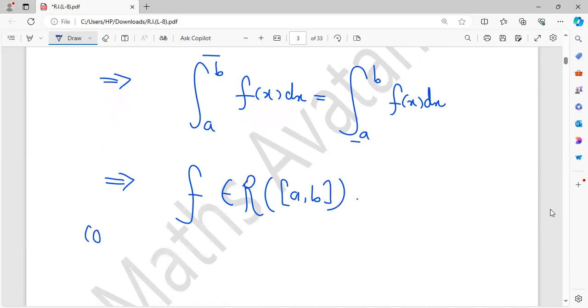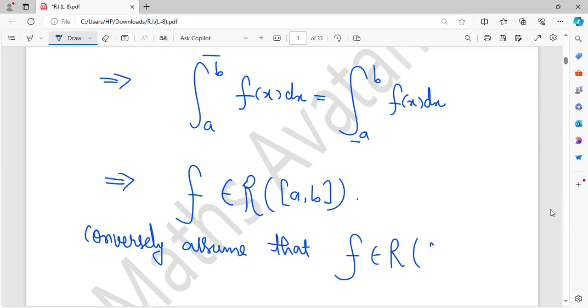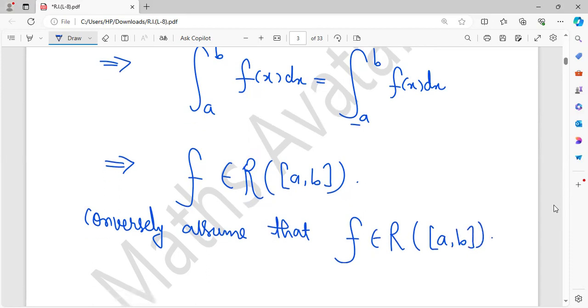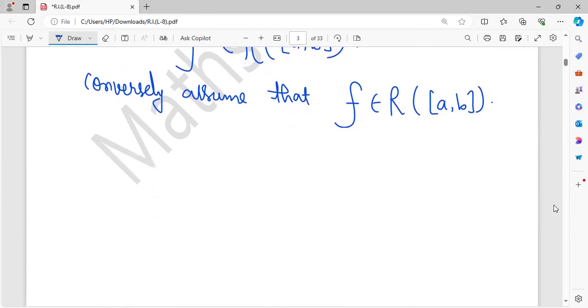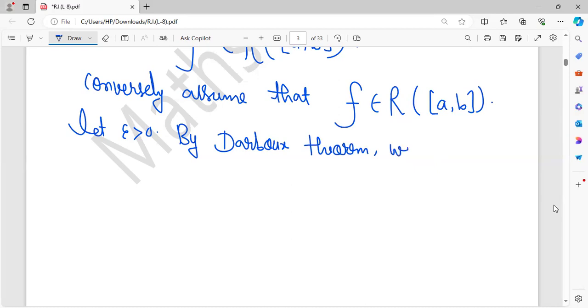Now conversely, assume that f belongs to R[a,b]. Let epsilon greater than 0.